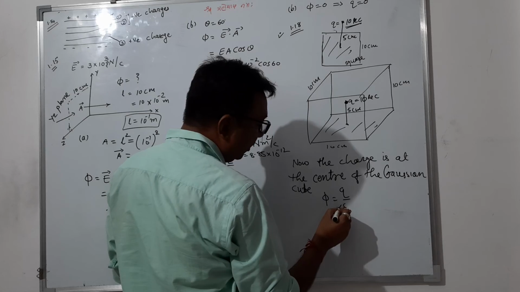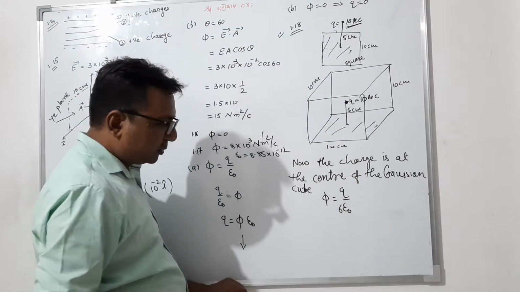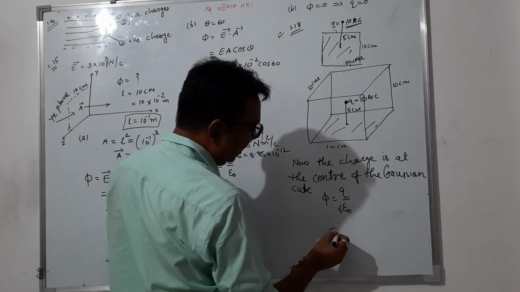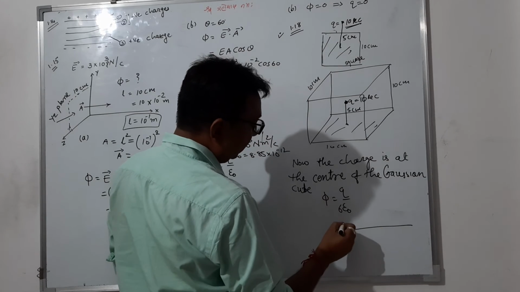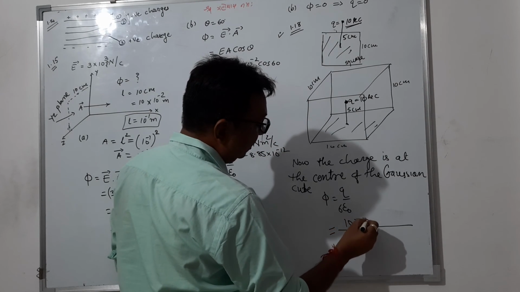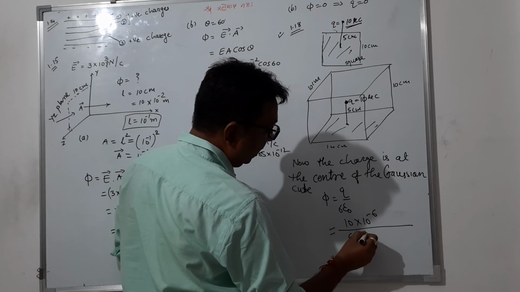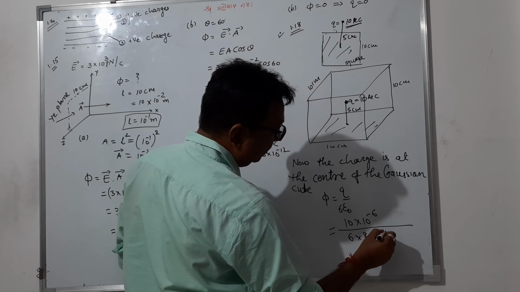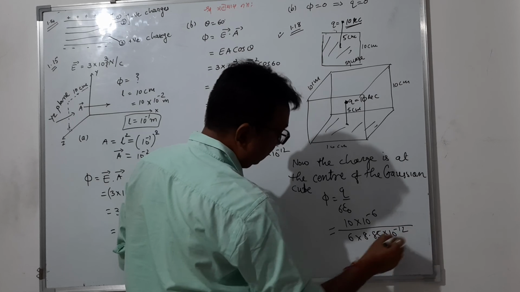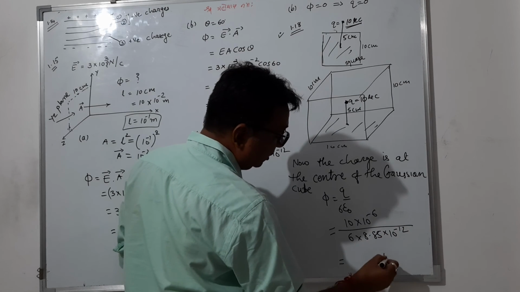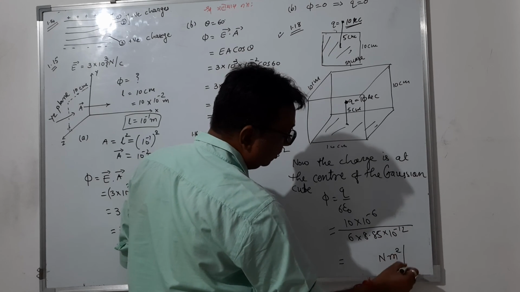You want to find out only for one, so it is divided by 6. So Q is equal to 10 into 10 raised to minus 6, divided by 6 into 8.85 into 10 raised to minus 12. So beta, this is your answer.